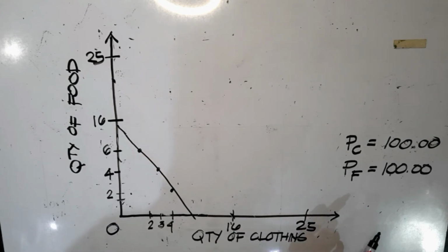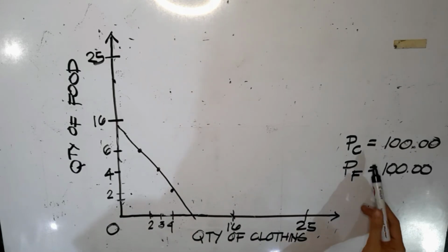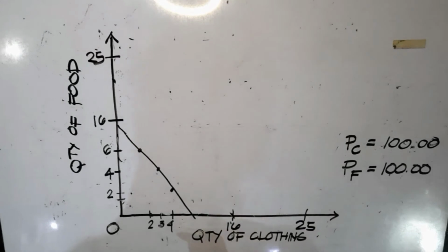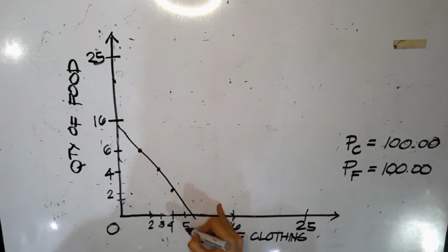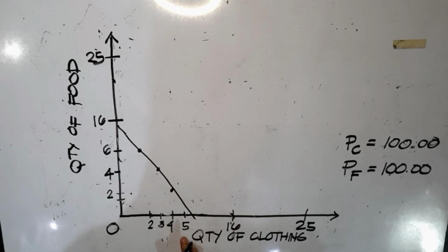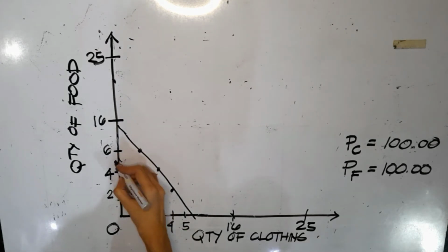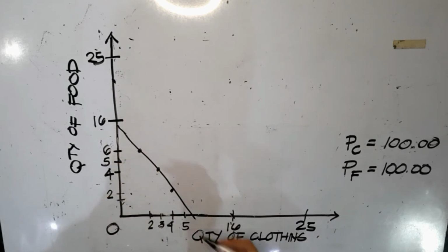So let's say with 1,000 pesos, you can buy 5 clothing and 5 food.